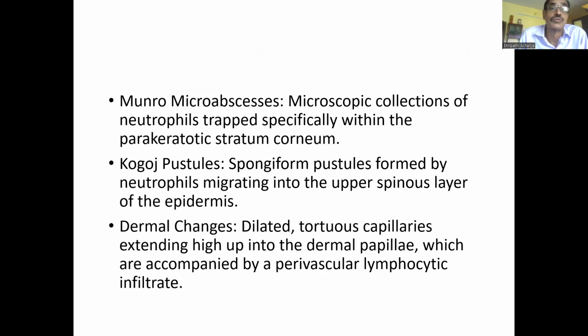Kogoj pustules, spongiform pustules formed by neutrophils migrating into the upper spinous layer of the epidermis. Dermal changes. Dilated tortuous capillaries extending high up into the dermal papillae, which are accompanied by a perivascular lymphocytic infiltrate.